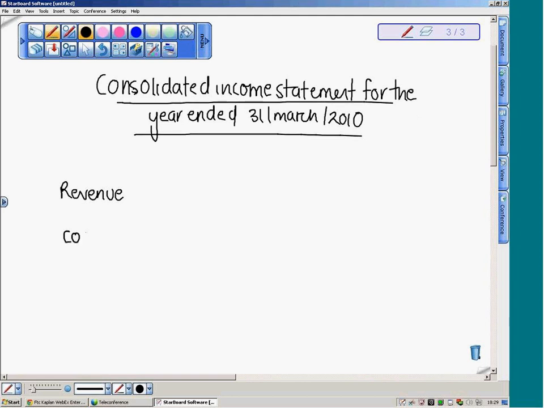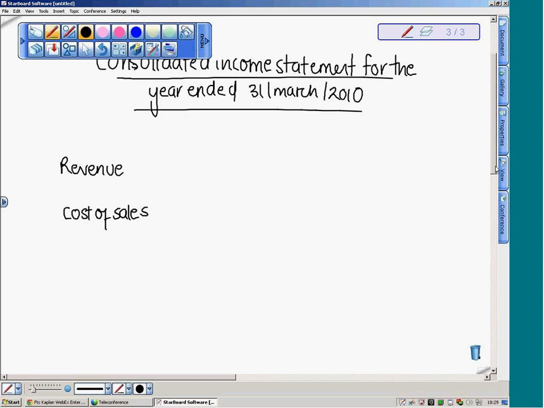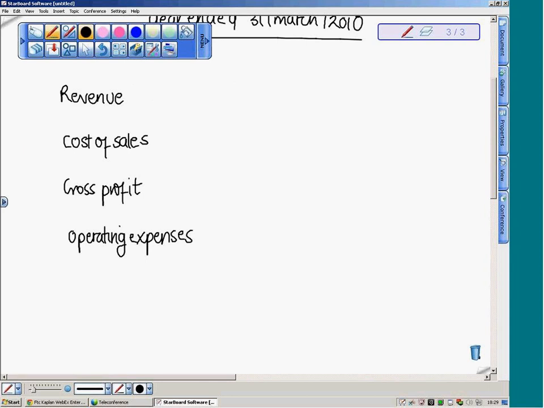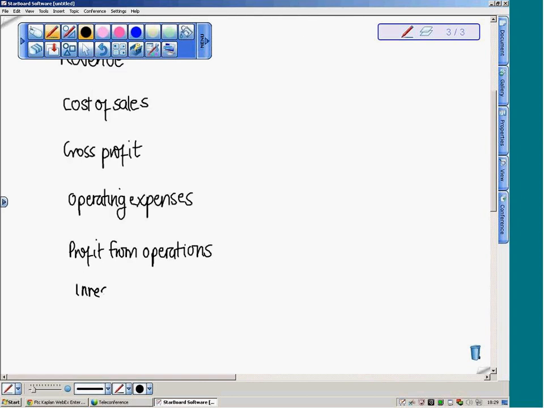So we've got the revenue, we have the cost of sales, we have the gross profit. Okay. We'll have the operating expenses. We'll have the profit from operations. We've got the investment income.